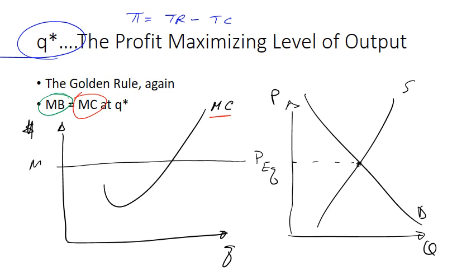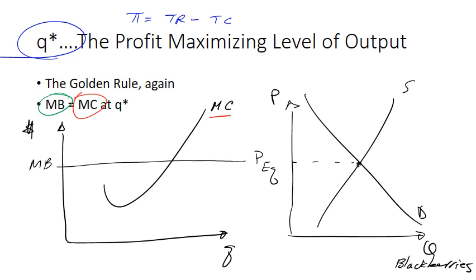So our marginal benefit of selling one more unit of, let's say, blackberries is equal to the price that we receive for selling that unit of blackberries. Because we're in a perfectly competitive market structure, we are a tiny, tiny, tiny firm.